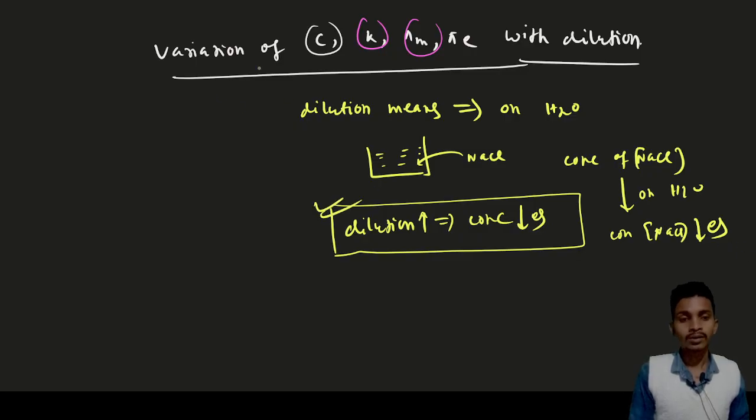So variation of conductance, specific conductance, molar conductance and equivalent conductance with dilution. It means with adding water, what is the effect on these conductances? Means with decreasing the concentration, what is the effect on conductance and specific conductance?